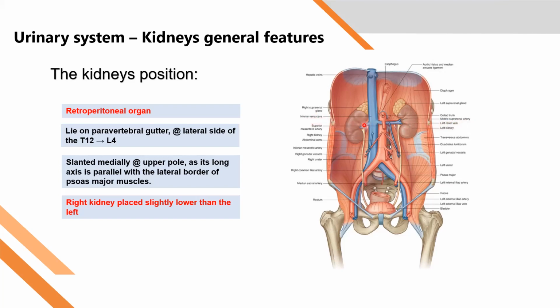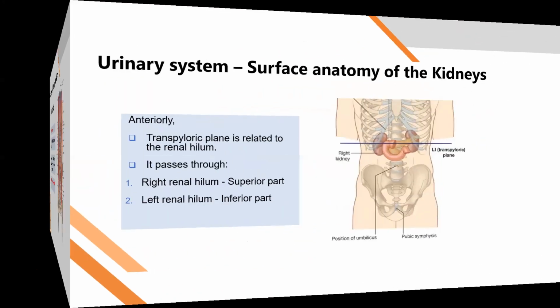It is related to the upper part of the right renal hilum, while for the left kidney, it is related to the superior part of its hilum. I think you know why, because the right kidney is located slightly lower than the left kidney.